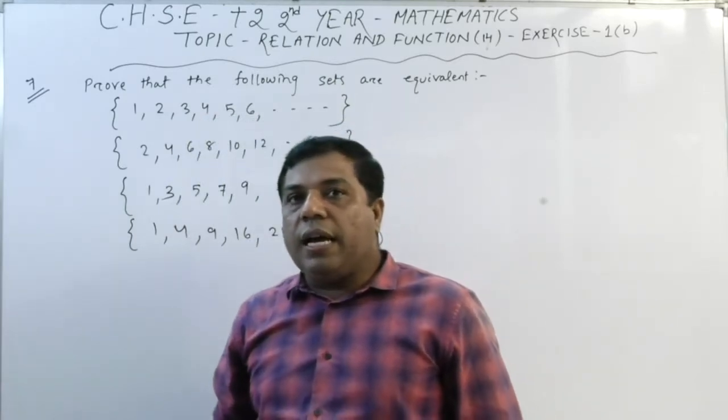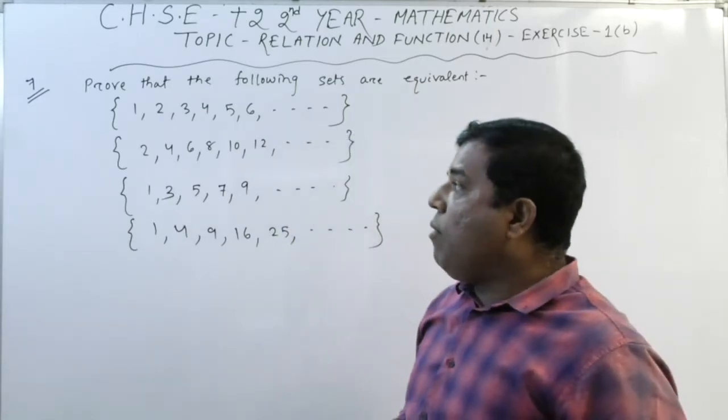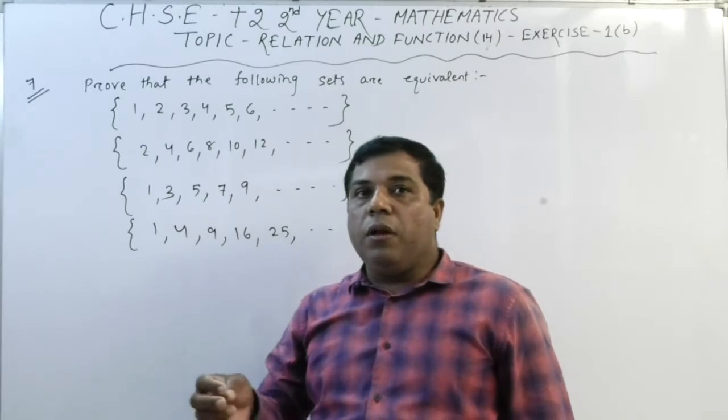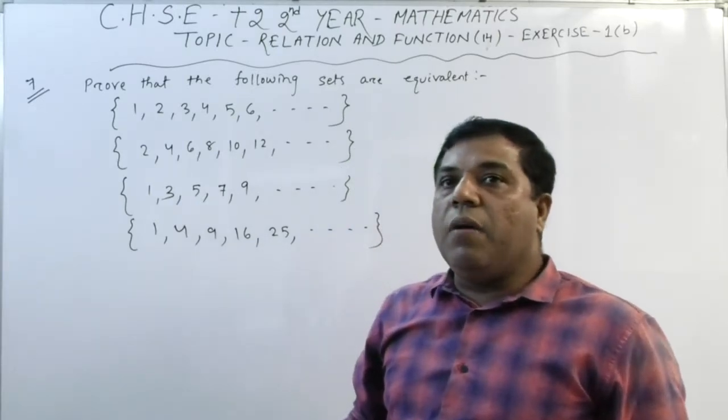Yes, sets are said to be equivalent if there exists a 1-1 correspondence between the elements of the set and the elements of the set of natural numbers.